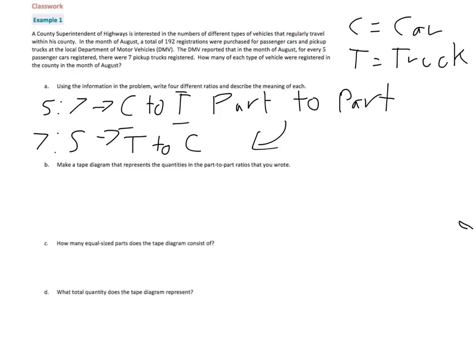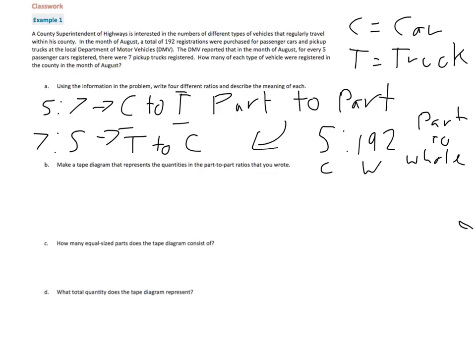So now that we've written 2 of the ratios, we've got to find 2 more ratios to get to the 4 it's asking for. We've done 2 part-to-part ratios. Let's now do a part-to-whole ratio. We could do 5 to 192. This is a part-to-whole ratio because the part here is the cars and the 192 is the whole, or the total number of cars and trucks together.